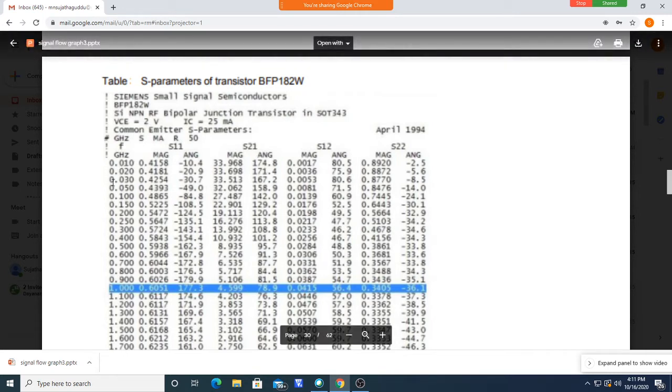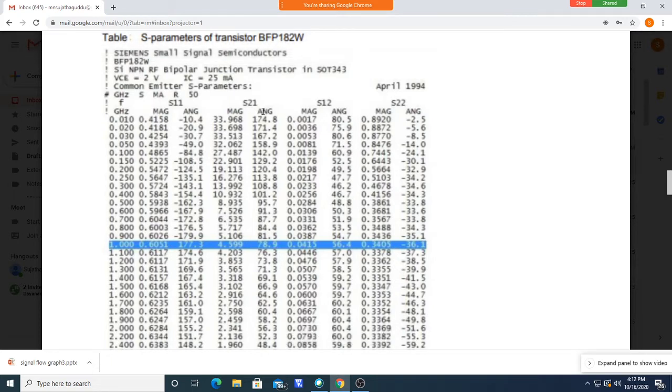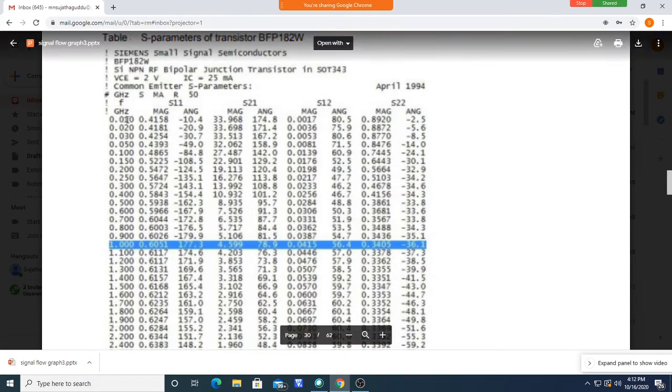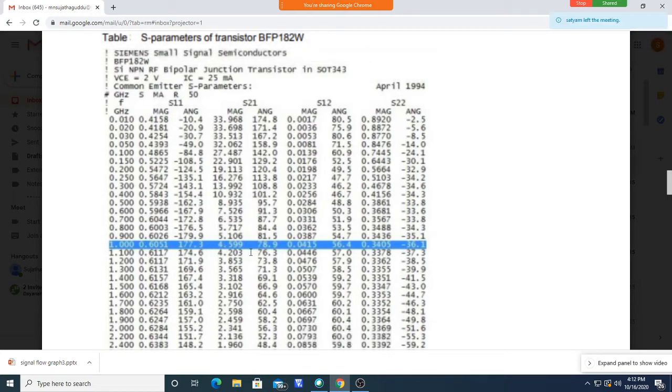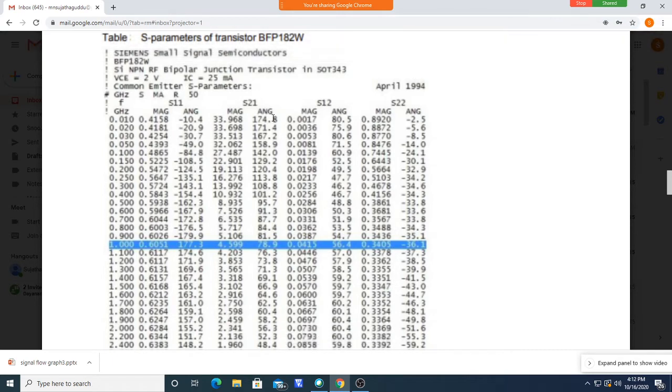Similarly, for most frequencies they provide values in steps. See how the magnitude of S21 changes. At 0.01 gigahertz it is 33, but at 1 gigahertz, for the same transistor, S21 is 4.599.